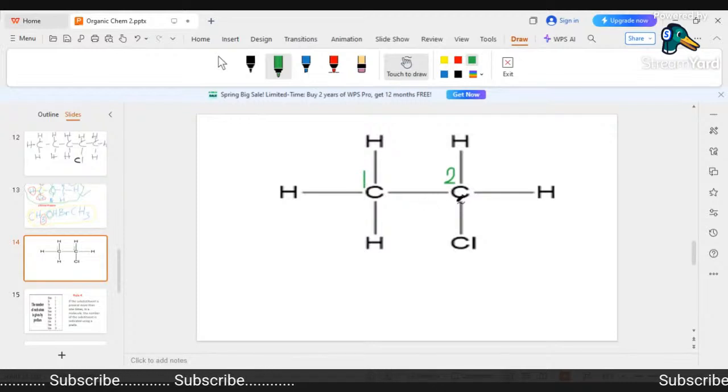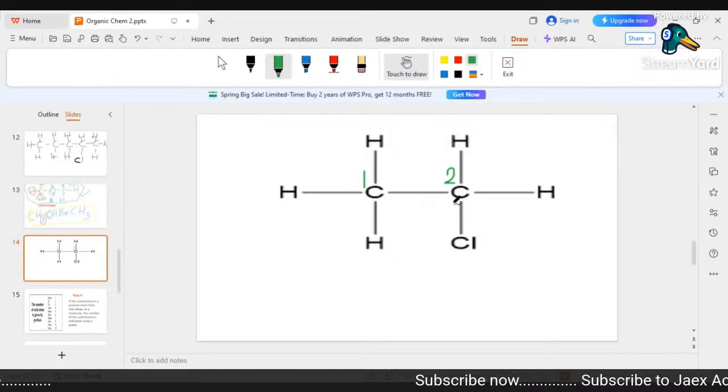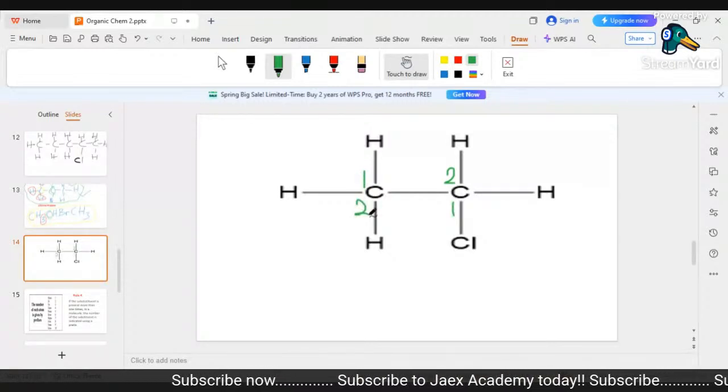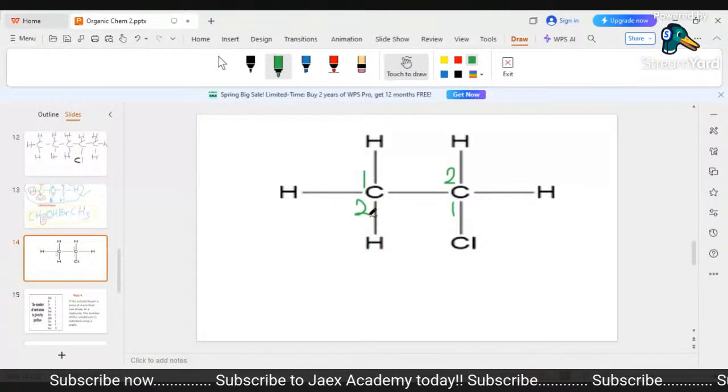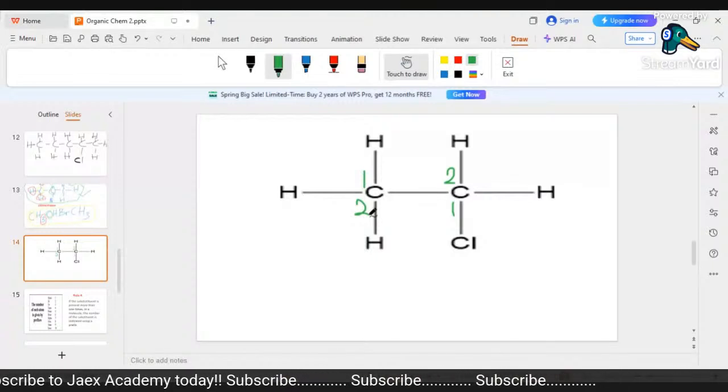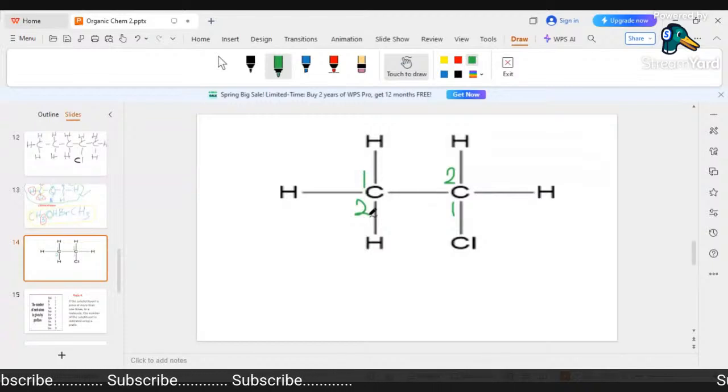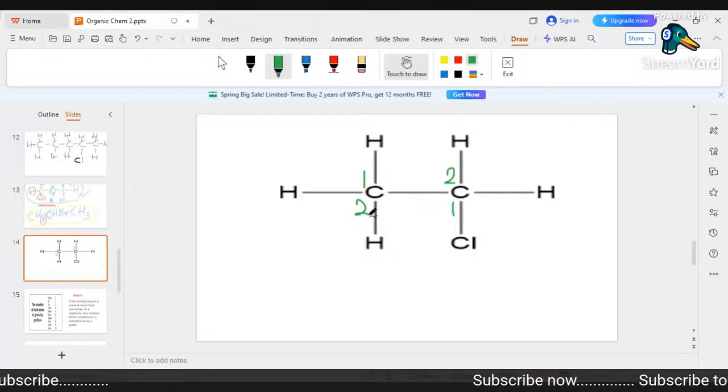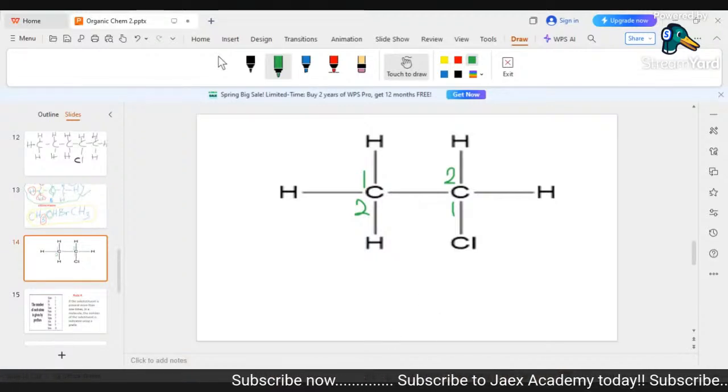From down we have 1, 2. So this is supposed to be from the side that is closest. It is 1 chloroethane. The side that is closest. 1 chloroethane. Don't get it mixed up.